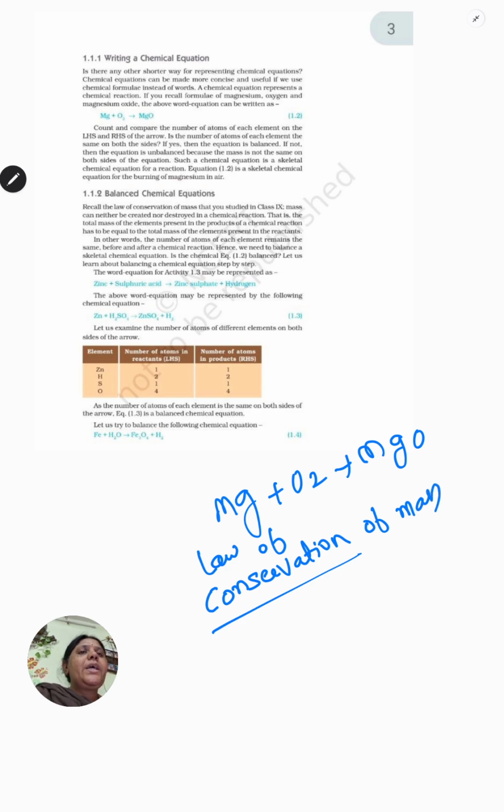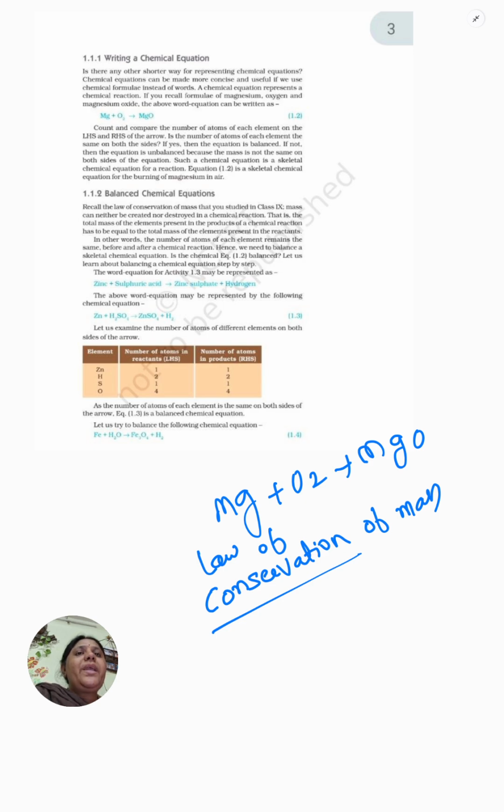What is this? Mass can neither be created nor destroyed. That is the law of conservation of mass, right? So whatever inputs are taken, the same amount you have to get again. Mass cannot be created nor destroyed, it can only be converted from one form to another form.